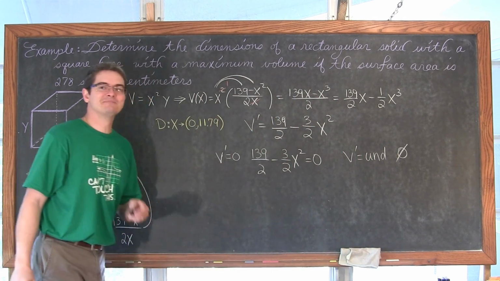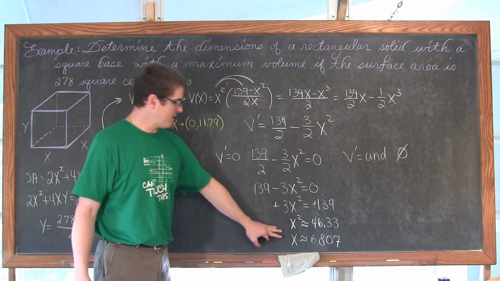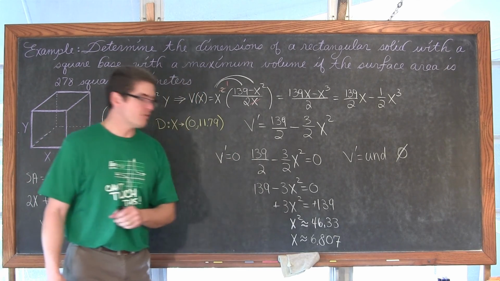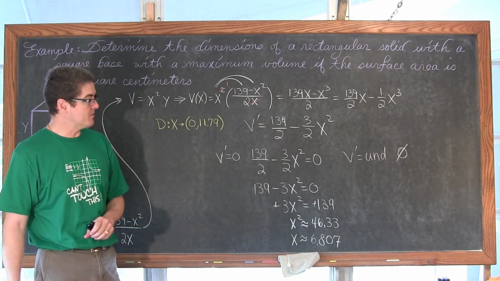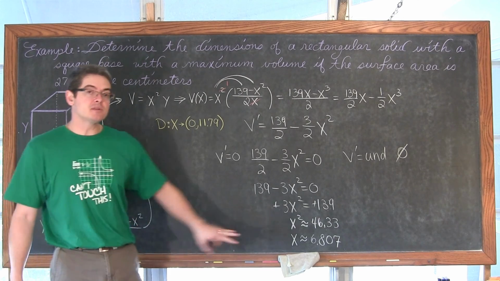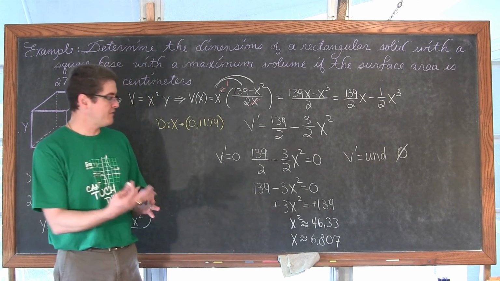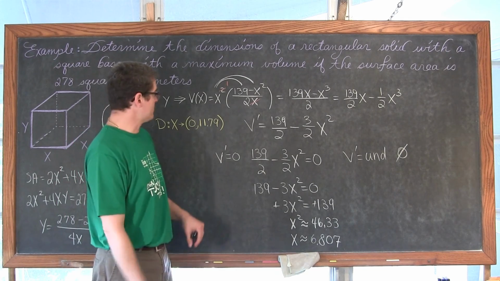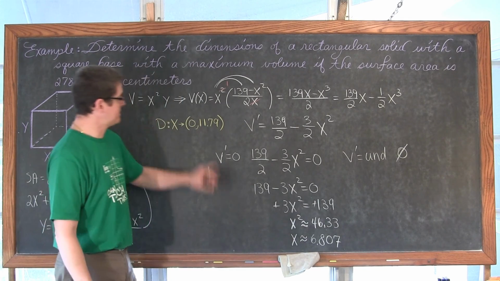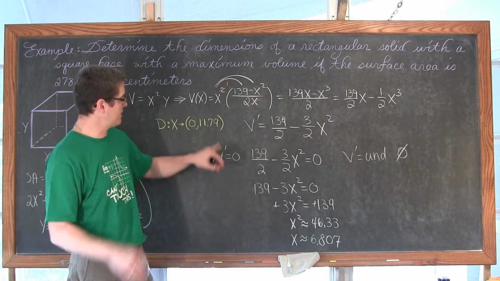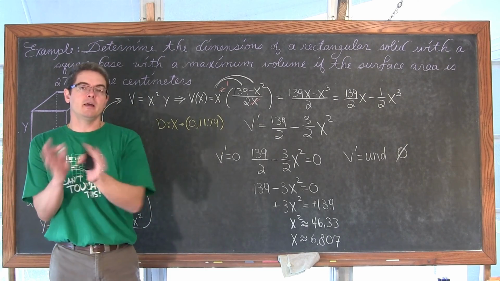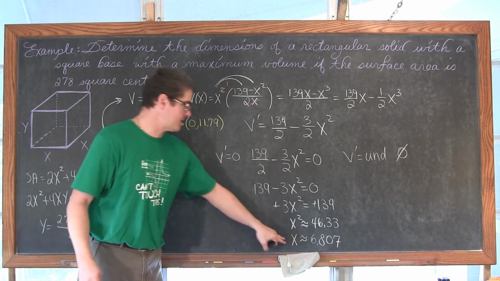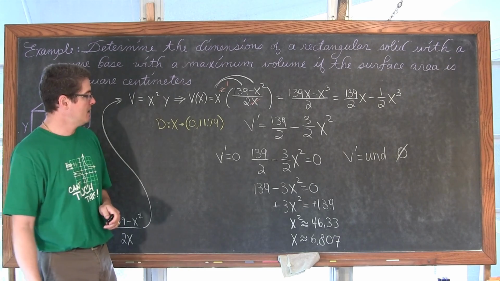Let's get this up here. So doing a little bit of algebra, we have a critical value of 6.807. Now, is this a relative max or min? Now I can apply the first derivative test by setting up some intervals between 0 and 6.8, and then from 6.8 approximately to 11.79, and do the first derivative test to see if this is a relative max or min.